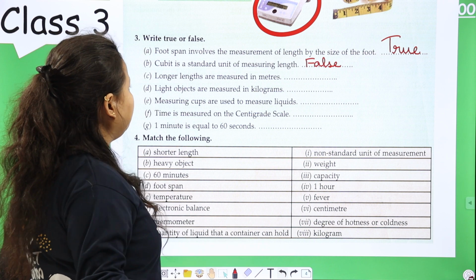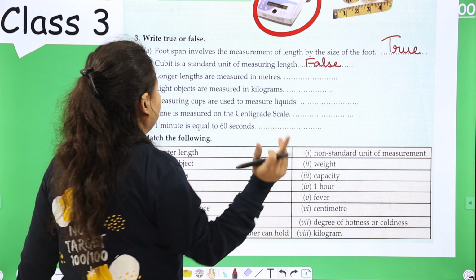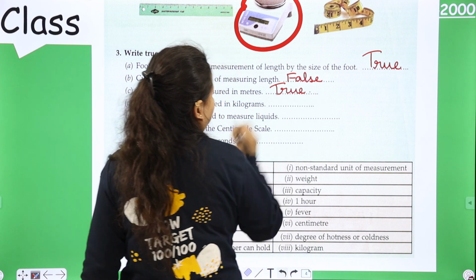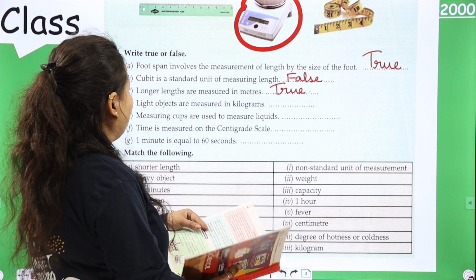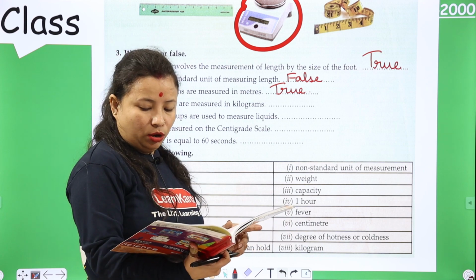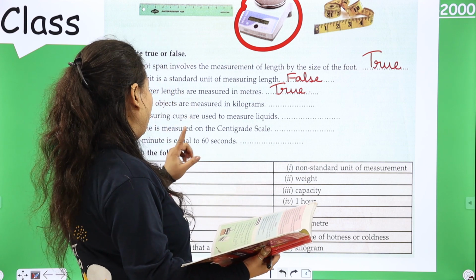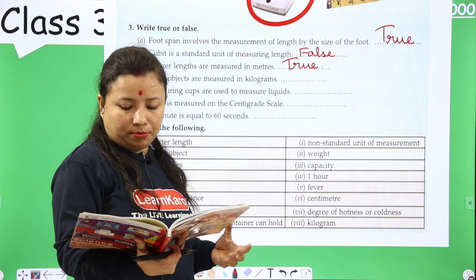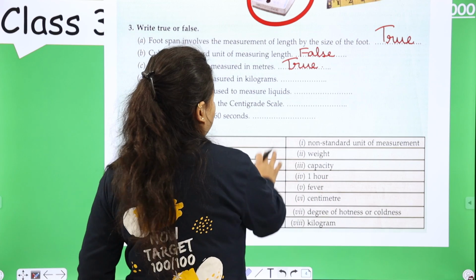Longer lengths are measured in meters? Right, true. Light objects are measured in kilograms? No, this is wrong. Light objects are measured in gram. So this is false.